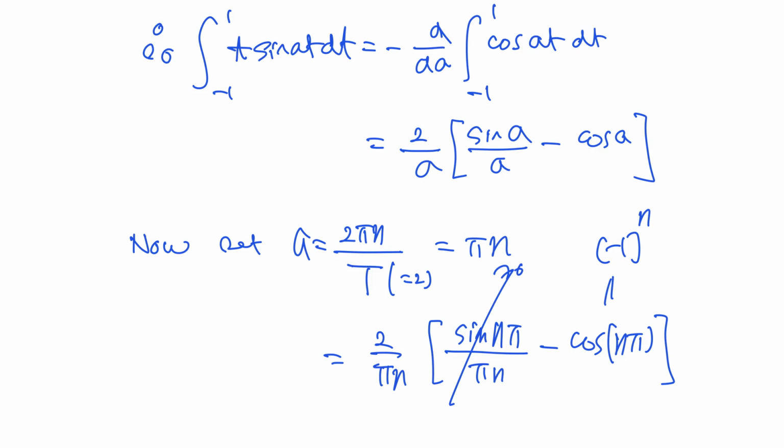When n equal to 1, cosine pi is minus 1, n equal to 2, cosine 2 pi is equal to 1. So cosine n pi can be written as minus 1 to the n. We have a minus sign, so we actually have 2 over n pi times minus 1 to the n plus 1, which is Bn, right?